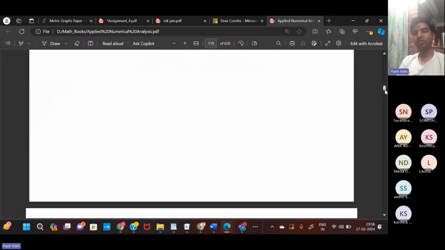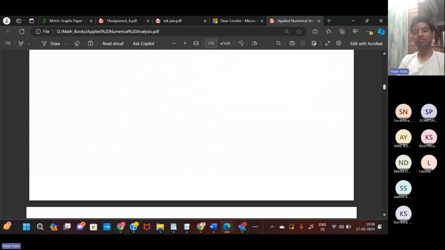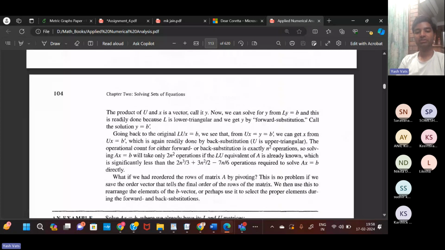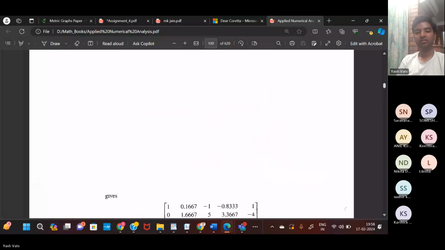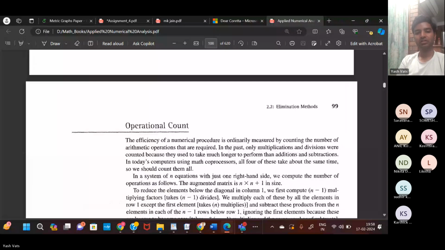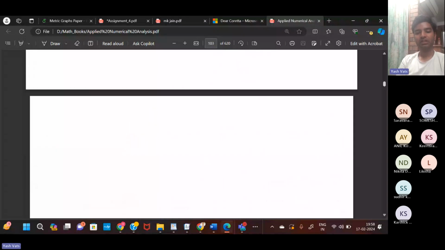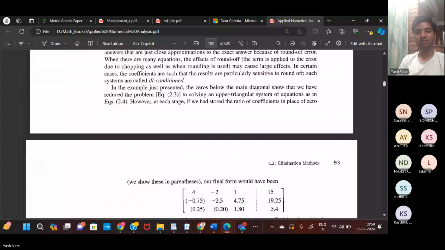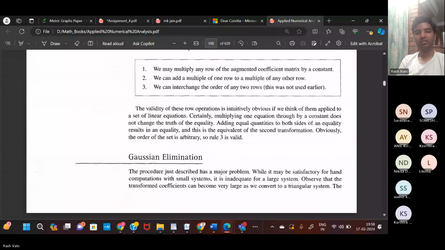These two books are good ones: one is MK Jain and the other is Gerald Wheatley. You should download both of these books. There is Gauss elimination method.